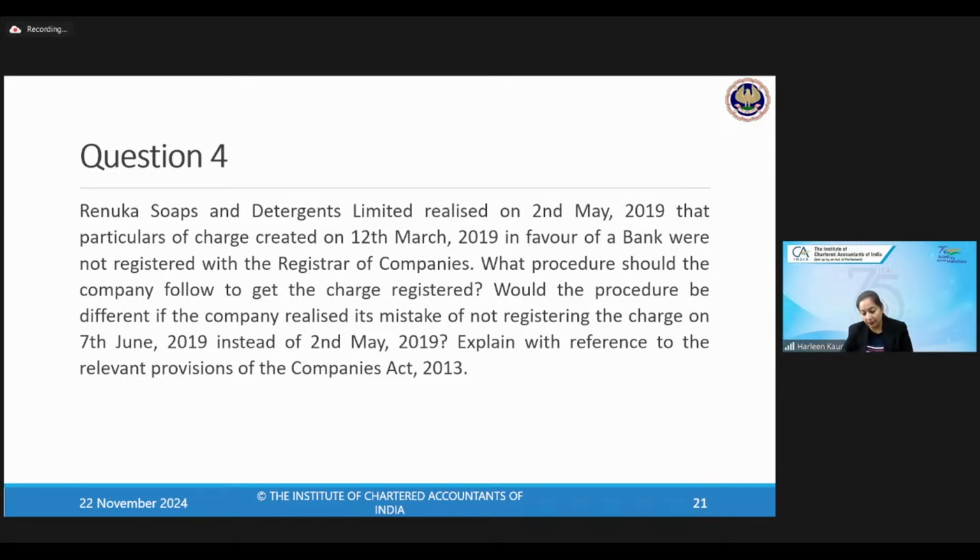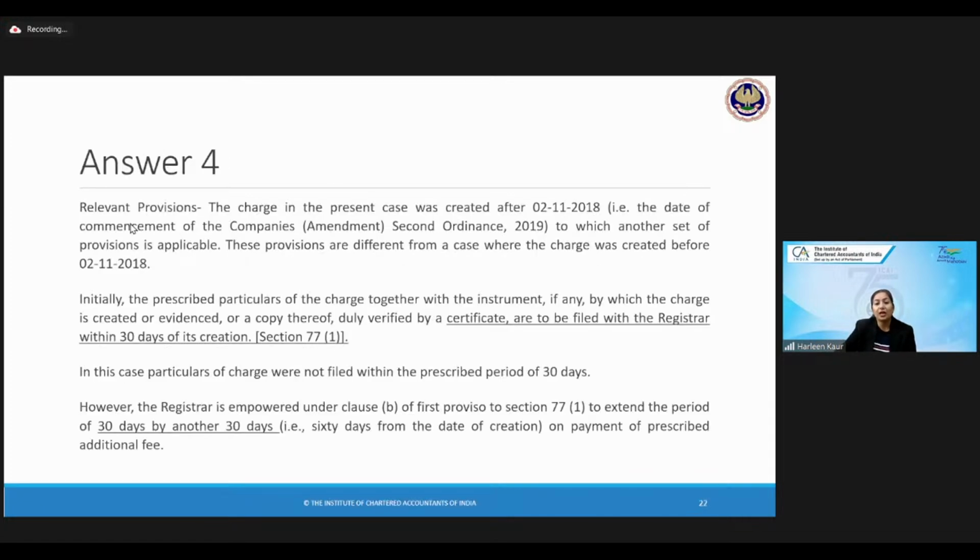Think and reply to this. Yes, students, what will happen? So first you will have to, any kind of case study based questions come. Very good, Rishabh Gupta. If charge is registered, then this very good.